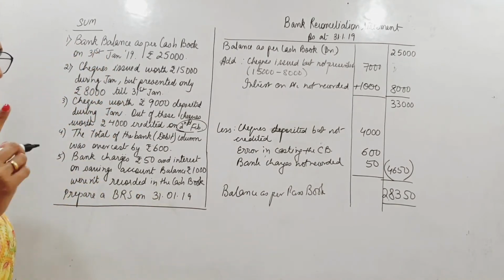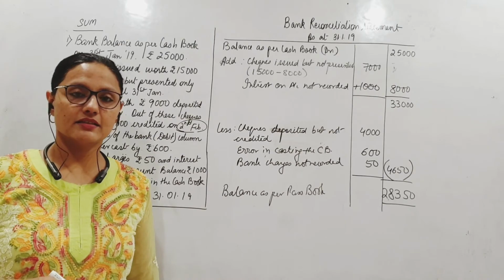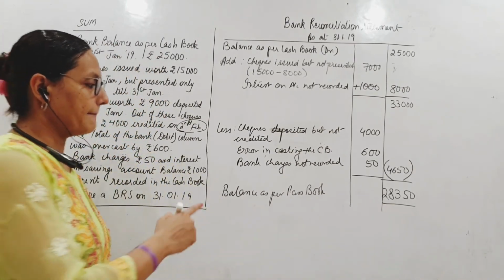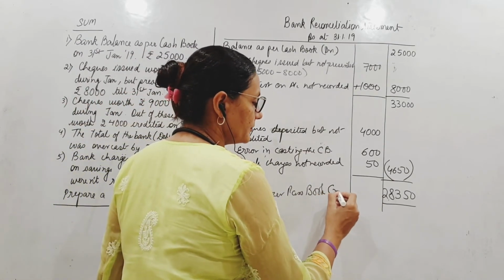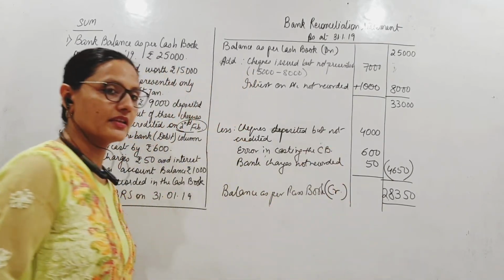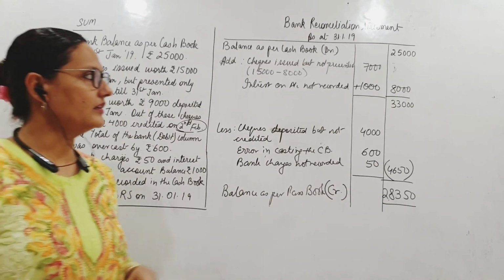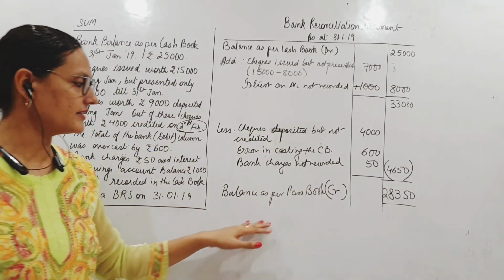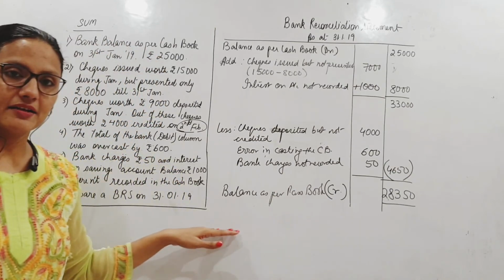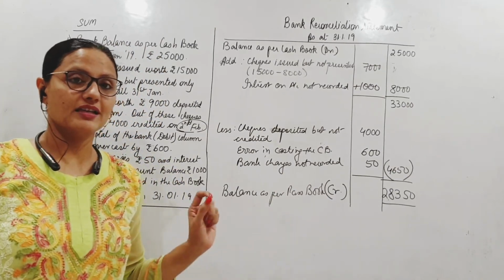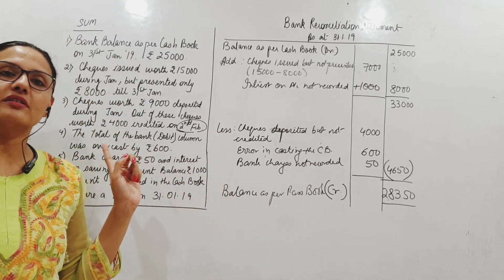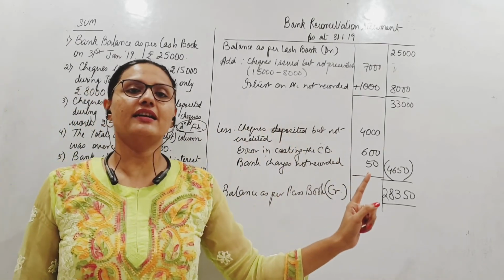Okay? Correct. Is this clear? So this is how I arrive at it. Now, balance as per passbook, I put it as credit. Is this coming positive? The answer 25,000 and 28,350, both are positive balances. A positive bank balance as per passbook is credit. Always remember, a debit in cash book is equivalent to a credit in passbook.